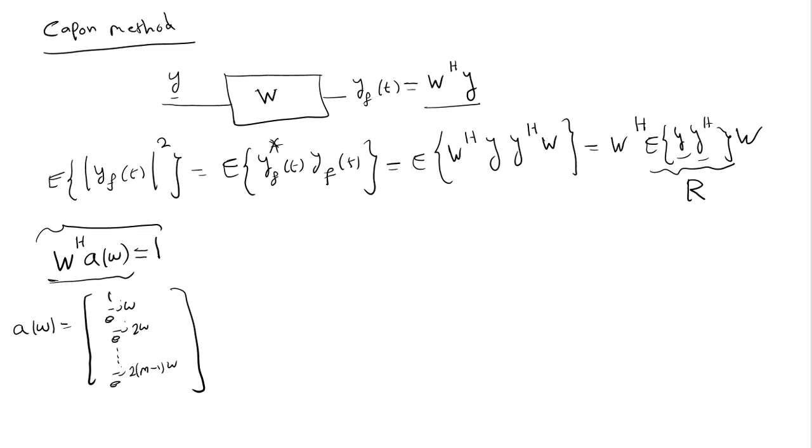And in other frequencies, actually there are interferences. We want to minimize the output power in other frequencies, except our desired frequency.